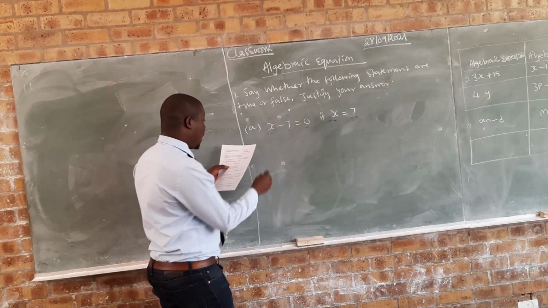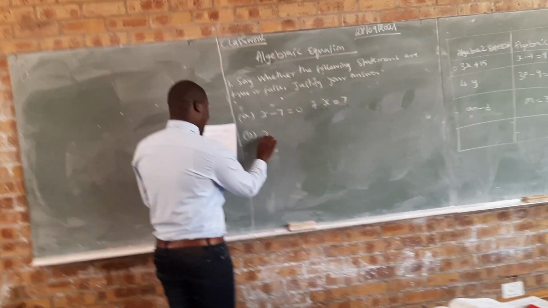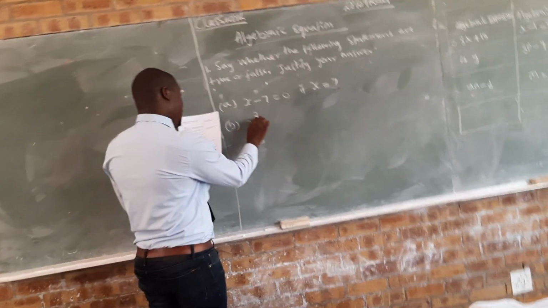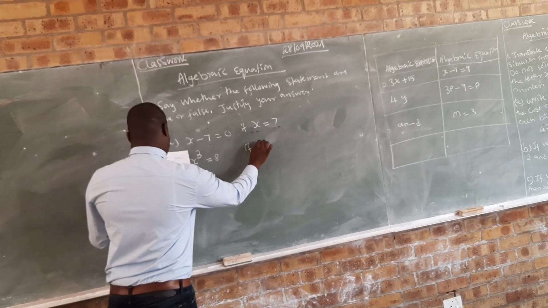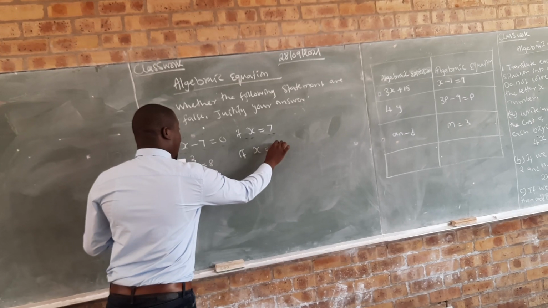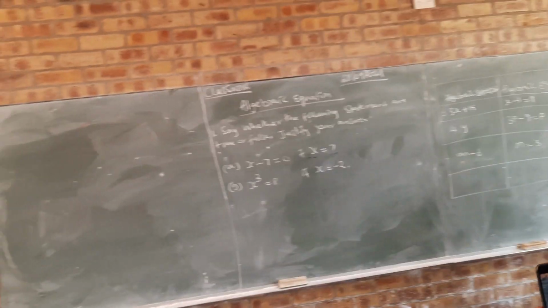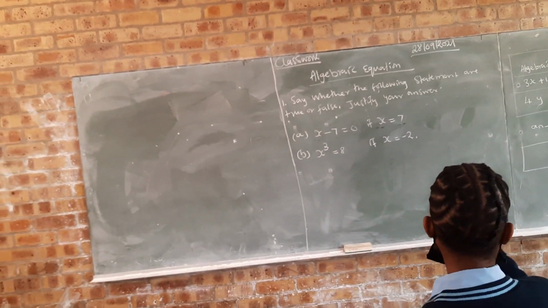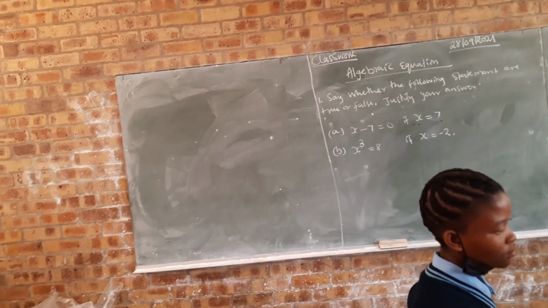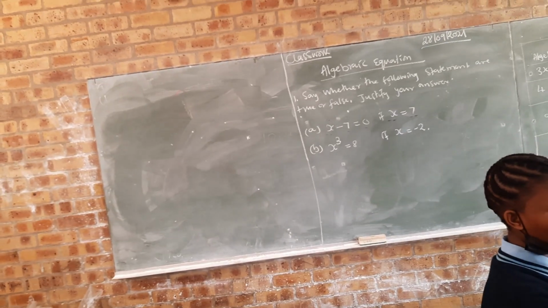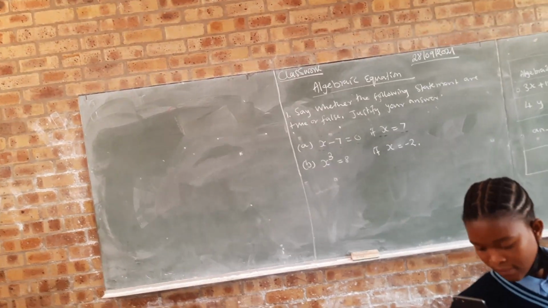So I want you to do another one, number B. We have x to the power 3 equals 8, and if x equals negative 2, is this true or false? And if it's false, you justify your answer.